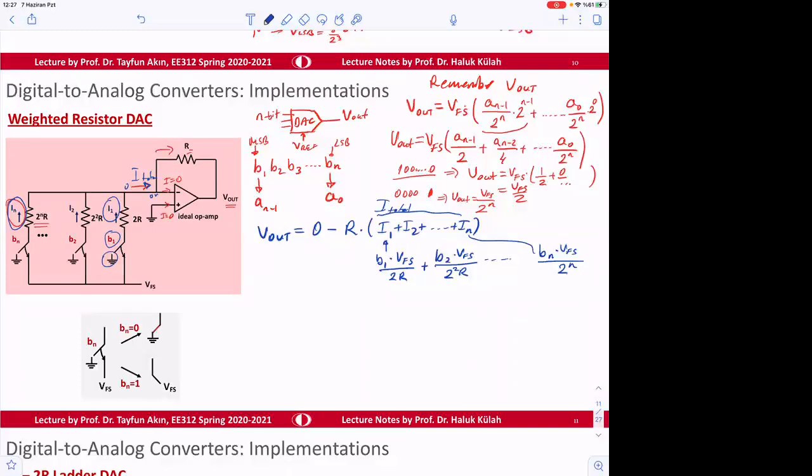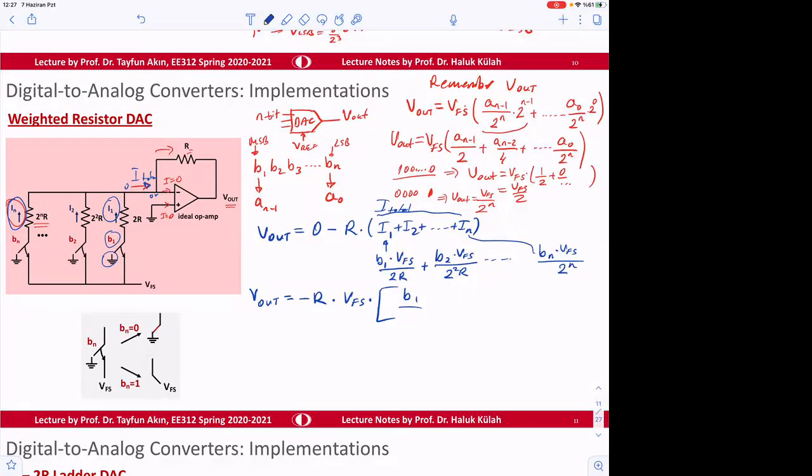So in fact, Vout will be equal to minus R times V full scale times B1 divided by 2R. Maybe I can take the R to the outside also.